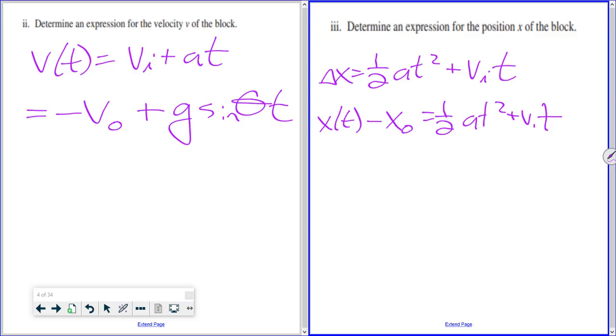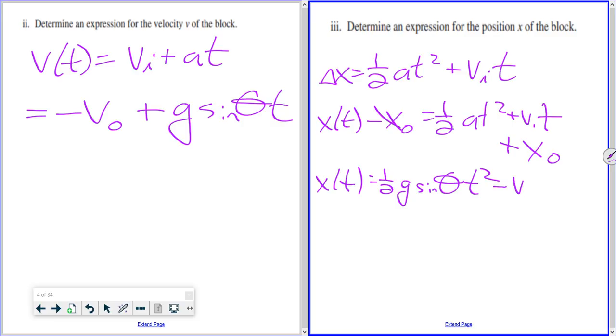Follow? So, add the x naught to both sides. Incidentally, I think this equation here is on the equation sheet with that plus x naught at the end. So you get this, x of t is 1/2 g sine theta t squared minus v naught t plus d.